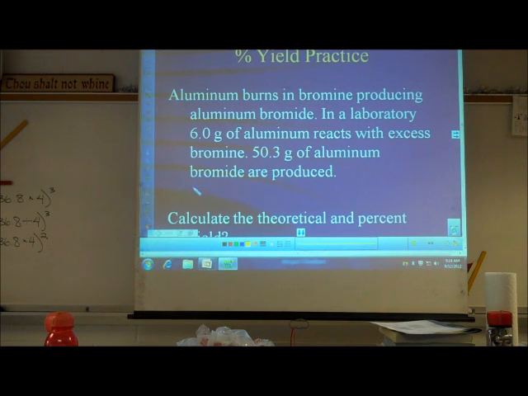How do you write aluminum by itself? Al is added to bromine. How do you write bromine by itself? Br2, good. I got that one. It's diatomic. It produces aluminum bromide.